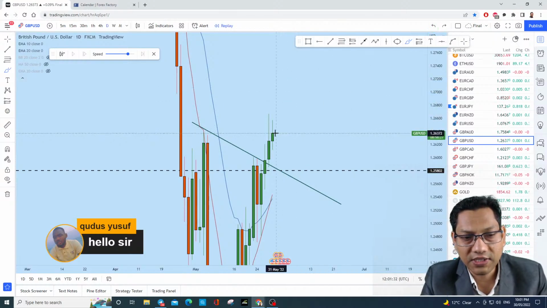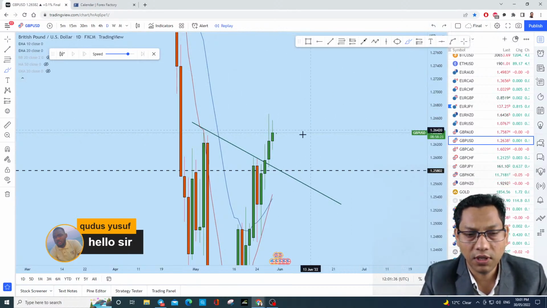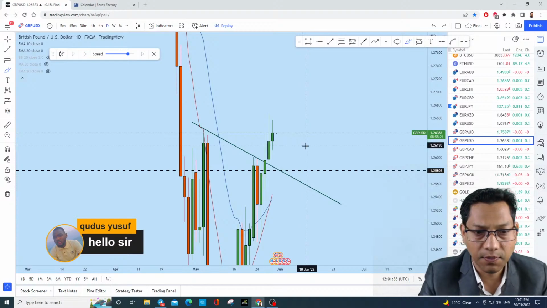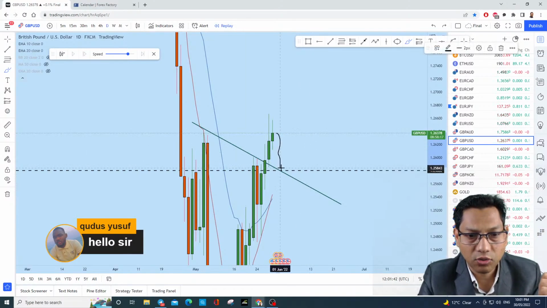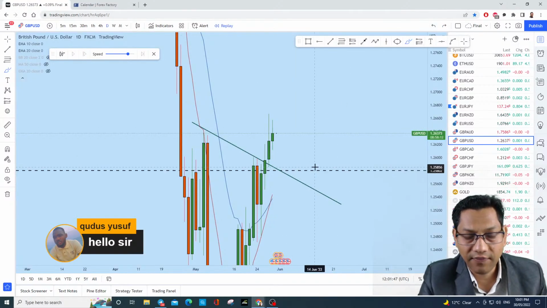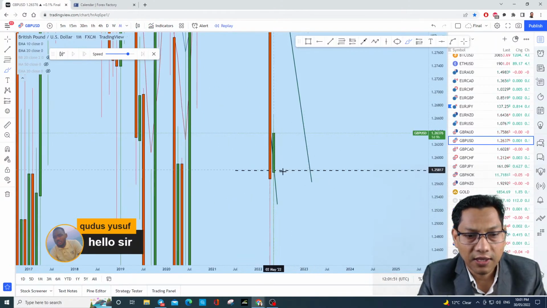So we might see this could go at any point, no one can guarantee, but what I'm planning is for the price to come back to this level for a high probability trade setup on the lower time frame after the monthly close. As I told you, this is where the monthly neckline is.